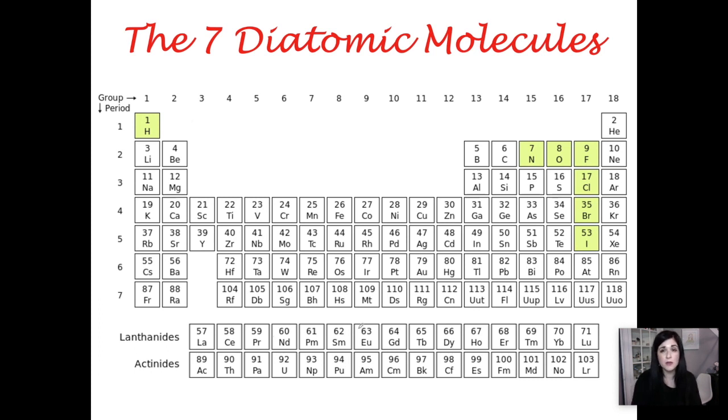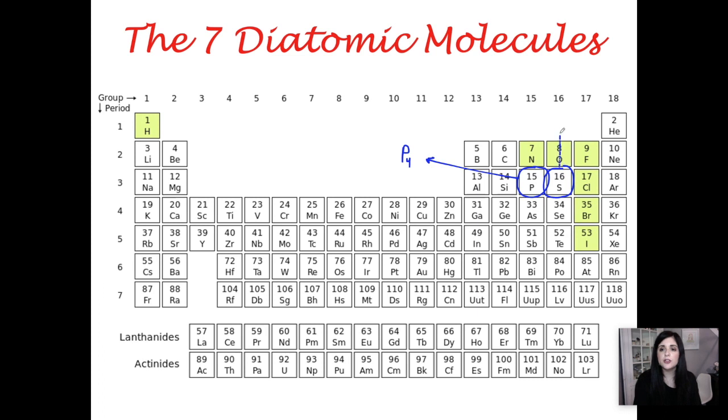There's 2 more that I want you to take note of, and it's actually sulfur right here. And I also have phosphorus. Phosphorus always comes in groups of 4. So P4. I don't know why, it just doesn't like to be by itself. It doesn't like to be in pairs. It always comes in 4.